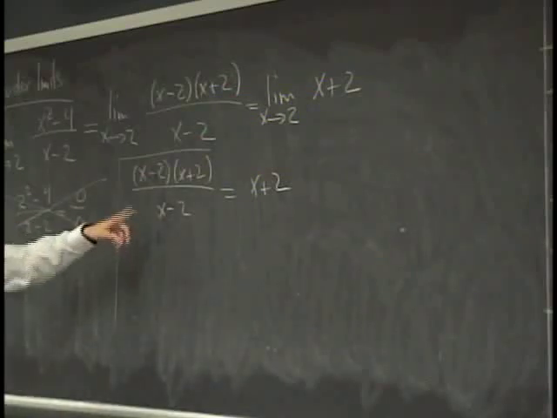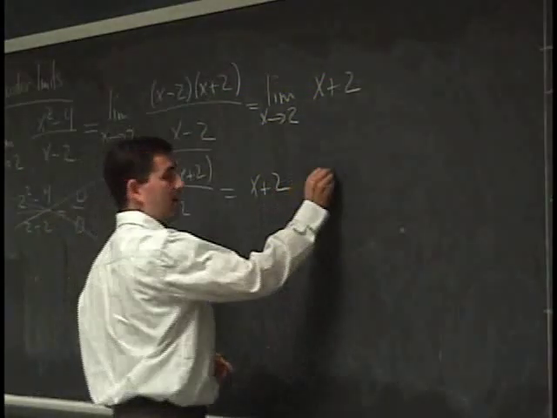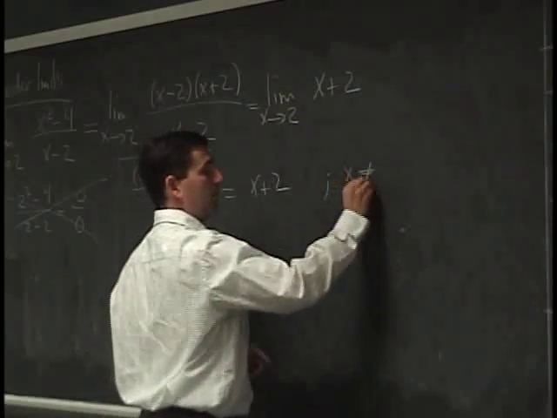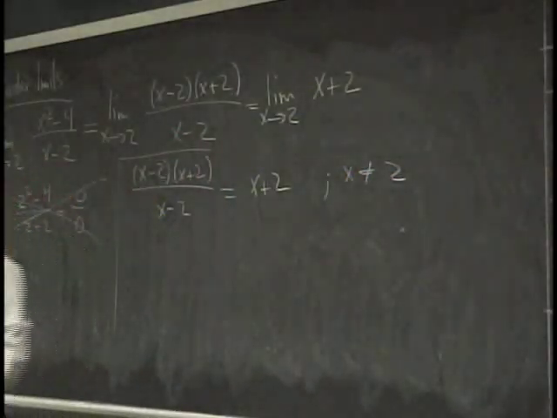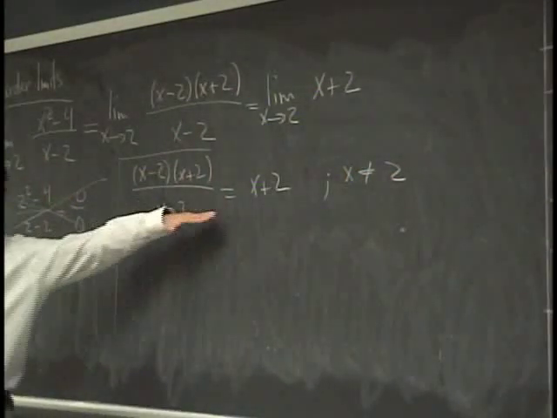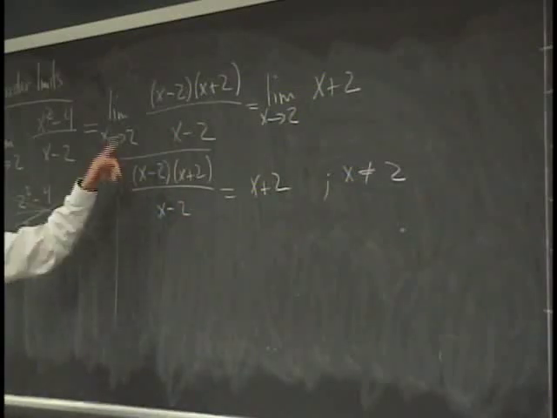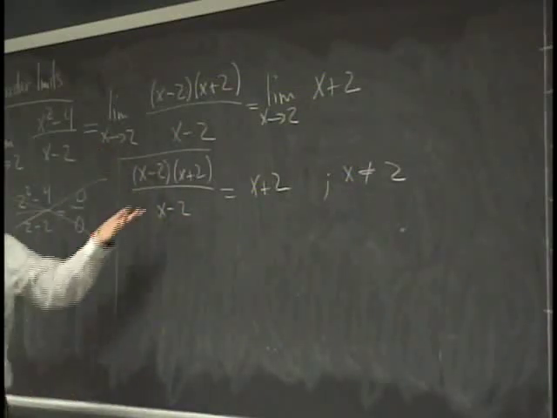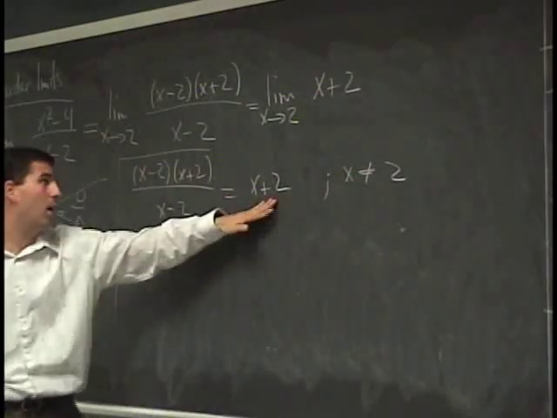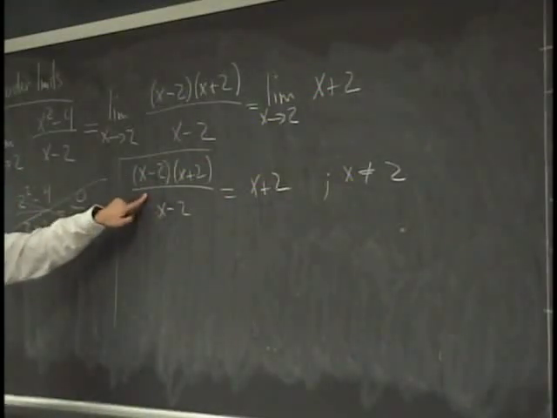It only becomes correct when I add x does not equal 2. But when x equals 2, this is not true, because when x equals 2, this is 4, and when x equals 2, this is not defined.